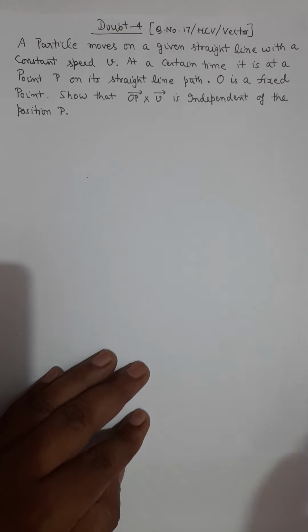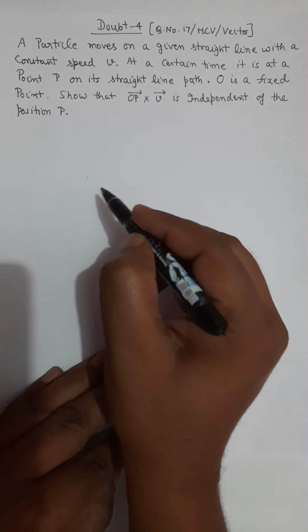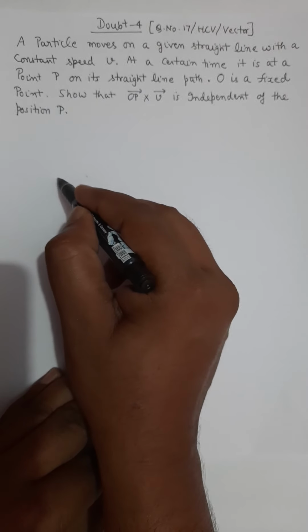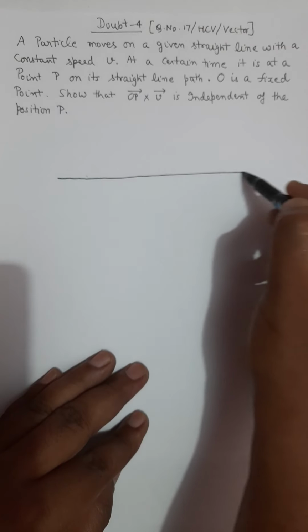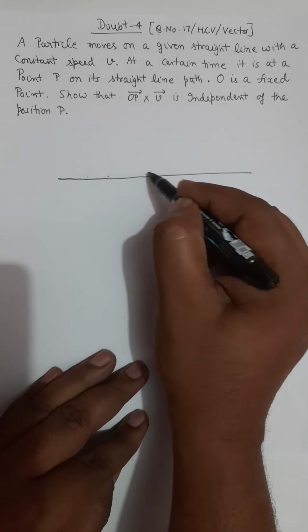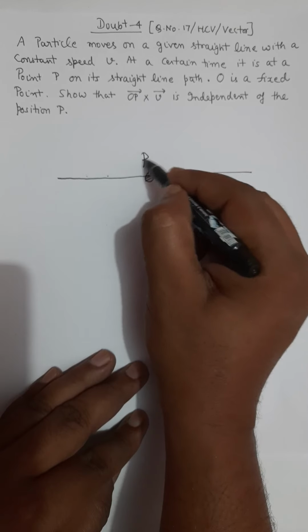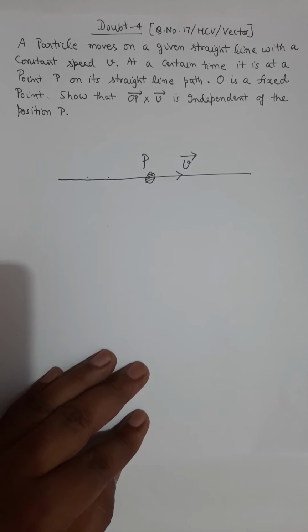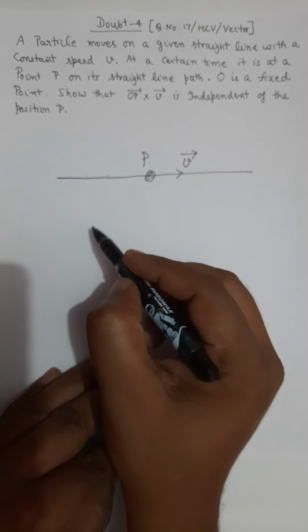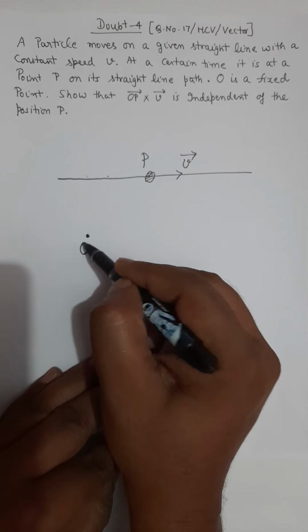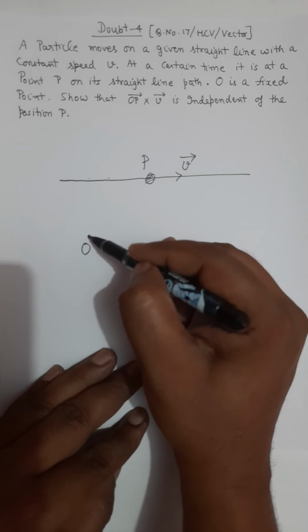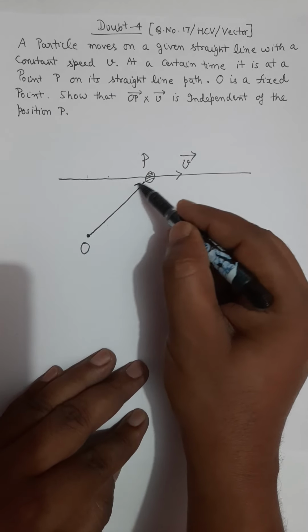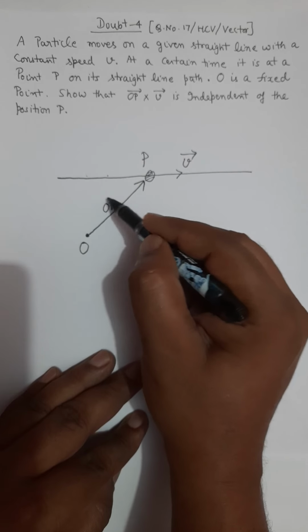In this question, it is given that there is a particle moving on a straight line. Let's say this is the straight line, and on that line we have a particle P which is moving with velocity V. O is a fixed point, and I connect point P from O, I get a vector which is called OP.